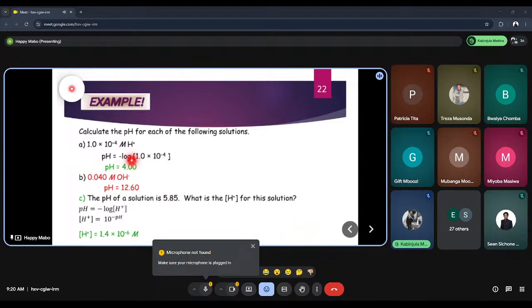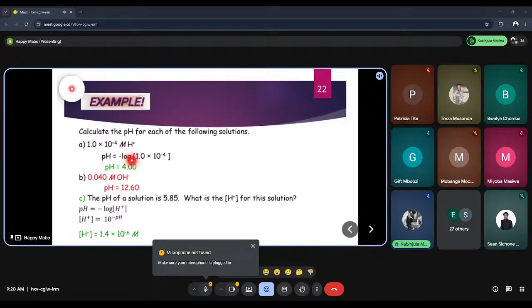And when marking, we wouldn't know that you came up with the wrong answer because your calculator was in the wrong mode. So it is your responsibility as a student taking that test, exam or quiz to make sure that before you even start to read through any of the questions, you put everything in place. Your calculator should be in the correct mode.